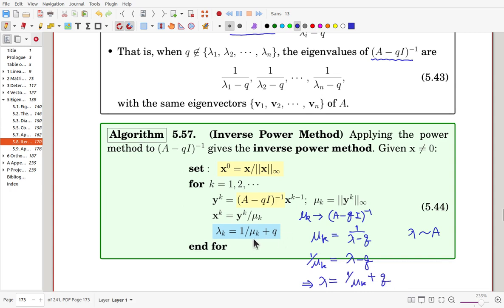So that is exactly this one. So lambda k is approaching an eigenvalue of A, and in fact the one nearest to q.